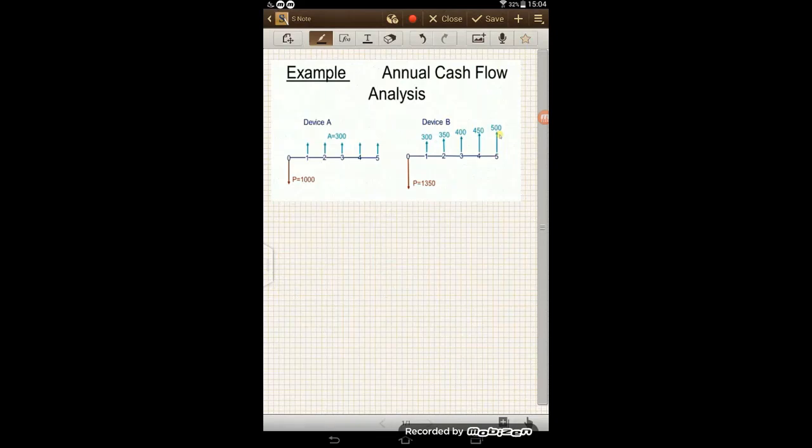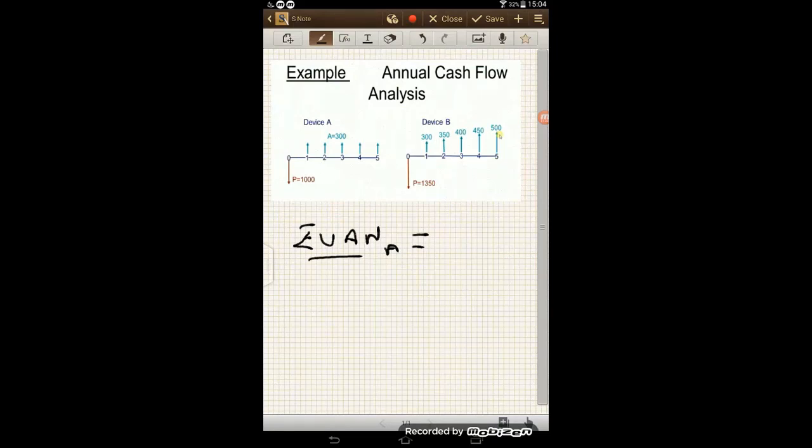So we need this concept, equivalent uniform annual worth A. We need to write it in these terms in order to find which option is better. The other analysis we did was present worth analysis. This one is equivalent uniform annual worth analysis.